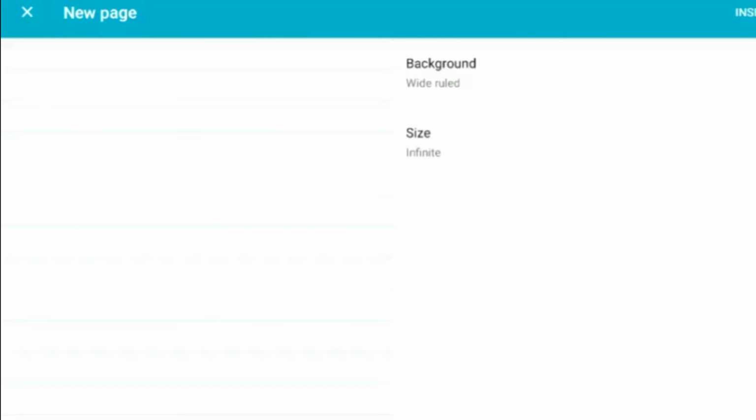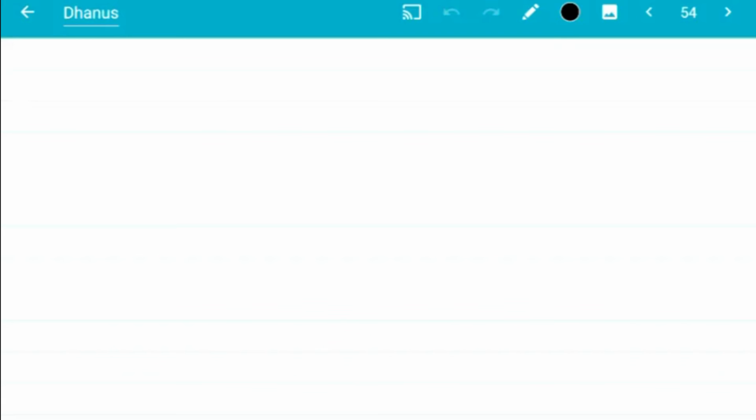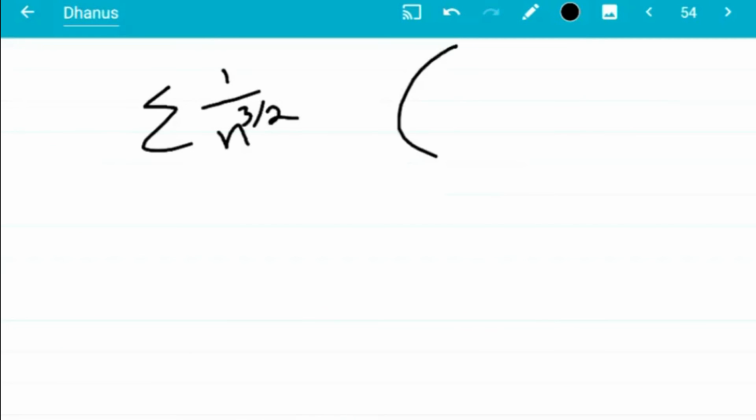Here I am taking another series, summation 1 by n raised to 3 by 2. You have learned that summation 1 by n raised to p is convergent whenever p is greater than 1.